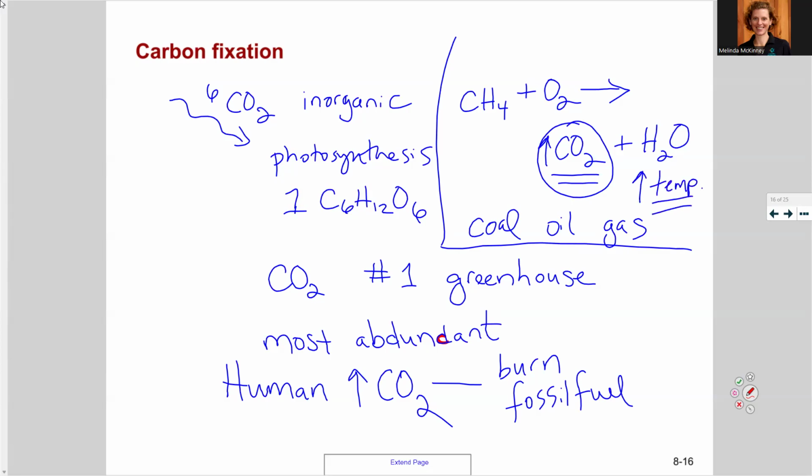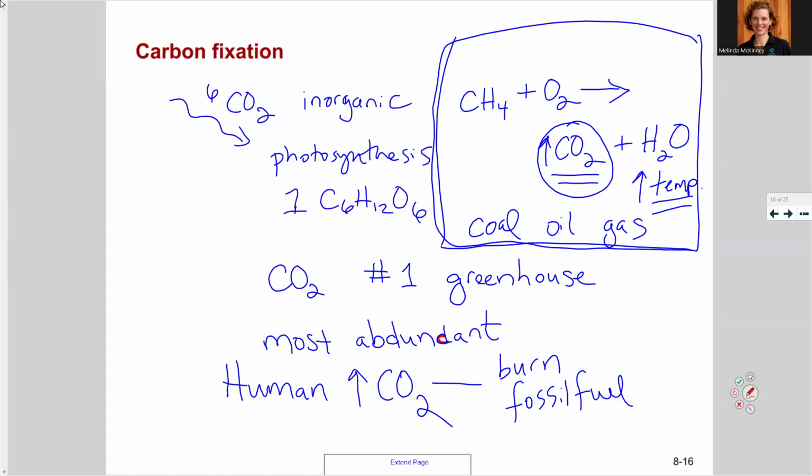So even though this isn't a major point in the chapter, it is a major point globally today. Probably the biggest issue that's facing our planet today is global warming and this increase in temperature. And it is clear that it is driven by burning fossil fuels.